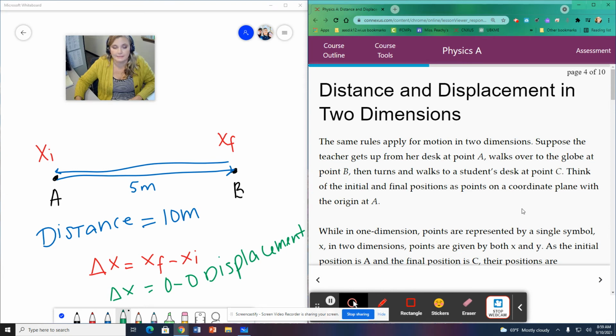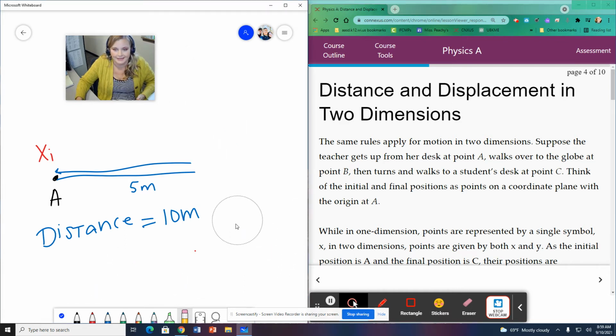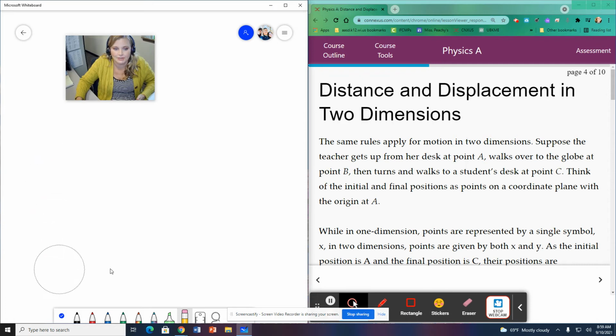But very oftentimes we aren't just walking in straight lines and walking back in straight lines. I would say more often than not, we don't do that. So we look at 2 dimensions. So we're looking at our x, y coordinate system now. So let's just draw that on here.